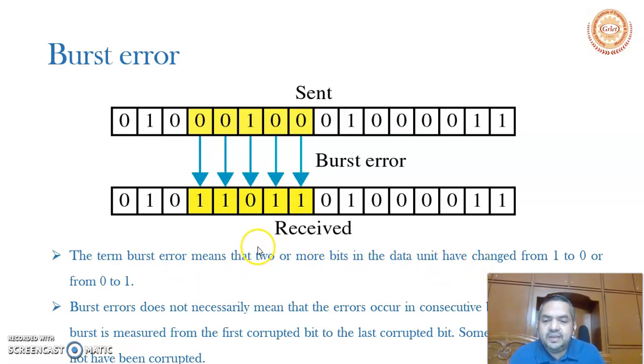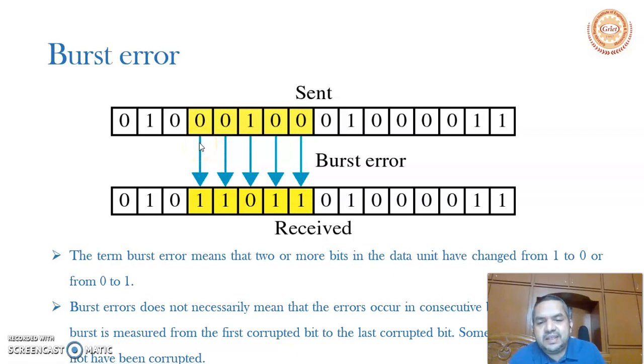Burst errors do not necessarily mean that the errors occur in consecutive bits. The length of the burst is measured from the first corrupted bit to the last corrupted bit. Some bits in between may not be corrupted.